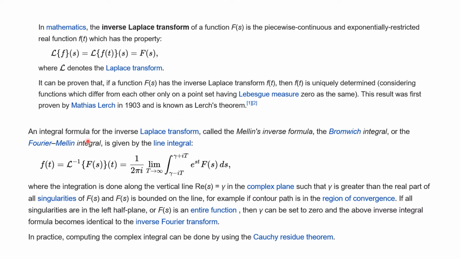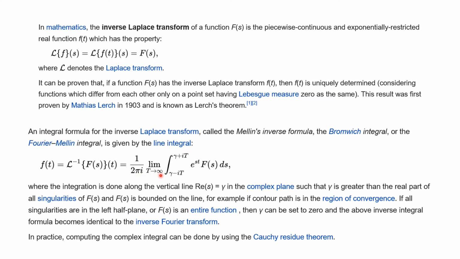That was proven a long time ago, and it was kind of an important theorem. Now, you might say, I would like to have a formula for the inverse transform. Well, an integral formula does exist for this, and it's called Mellin's inverse formula. It's called many names, actually, but when you look at it, f of t is equal to 1 over 2 pi i. Yes, that is i, the imaginary number, the square root of minus 1.